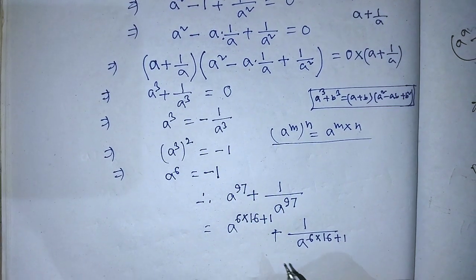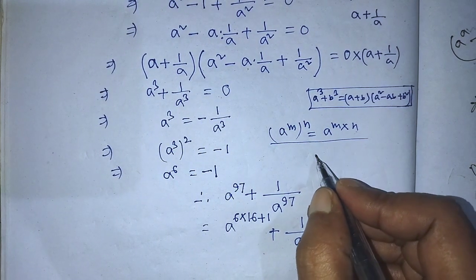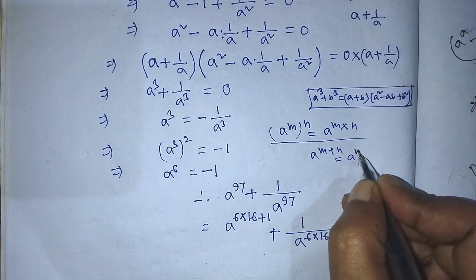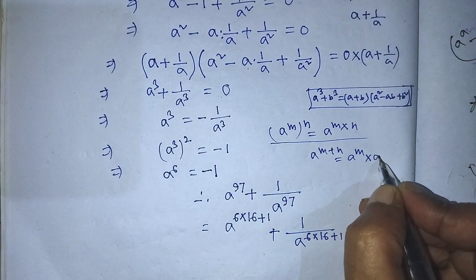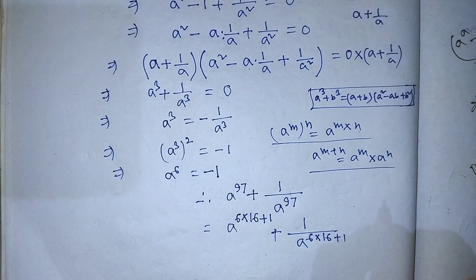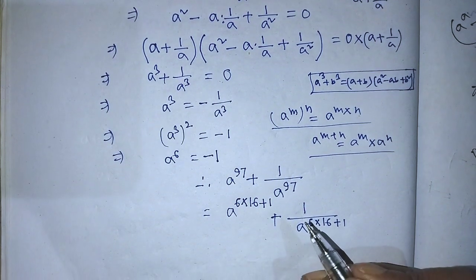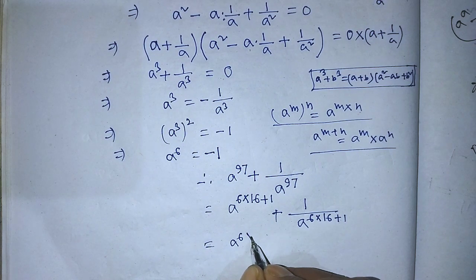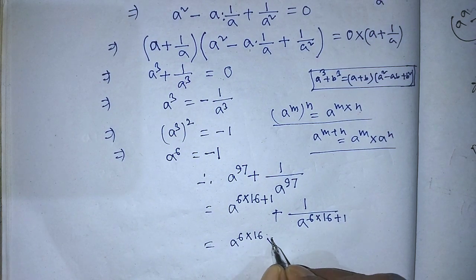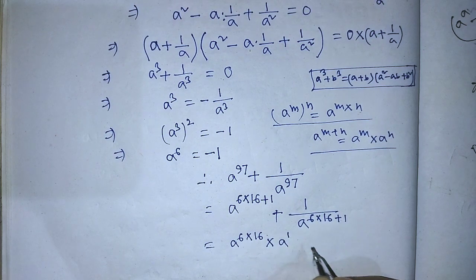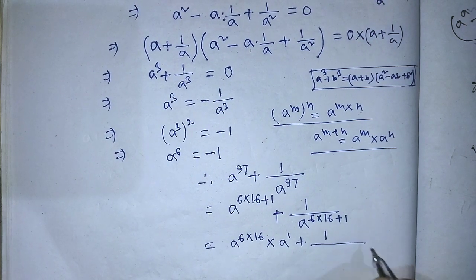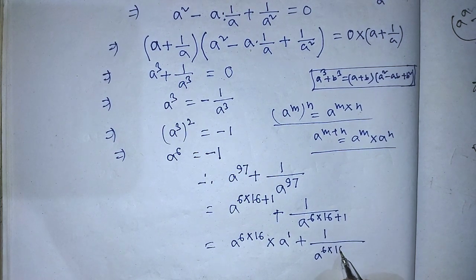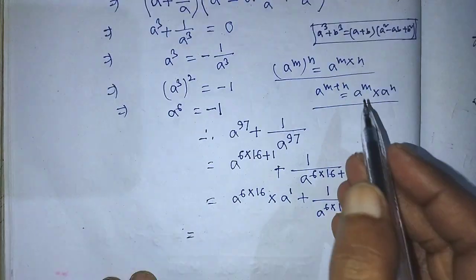So after that, we have to apply the formula a to the power m plus n is equal to a to the power m into a to the power n. So this formula we have to apply on this algebraic expression. So we can write a to the power 6 into 16 into a to the power 1, plus 1 over, again we have to write a to the power 6 into 16 into a to the power 1.